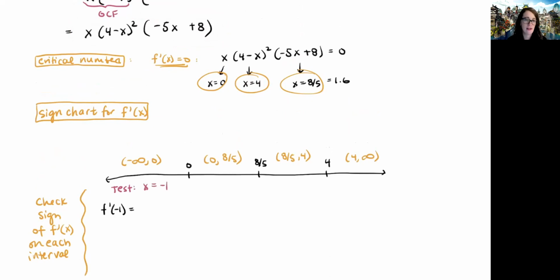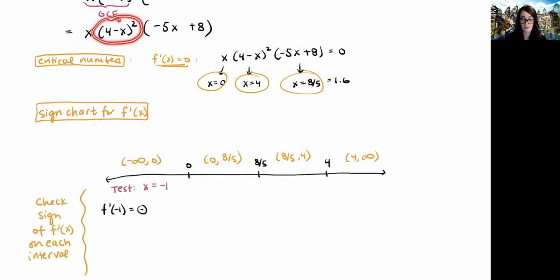Now here's a shortcut way that you can think about this without a calculator, if this is something that makes sense to you. Since we have a product of 3 things, we can just consider what the sign of each thing is at the number we're testing. So when we plug a -1 in for x here, that'll give us a negative value. Then when we plug a -1 in here, well, this factor is squared.